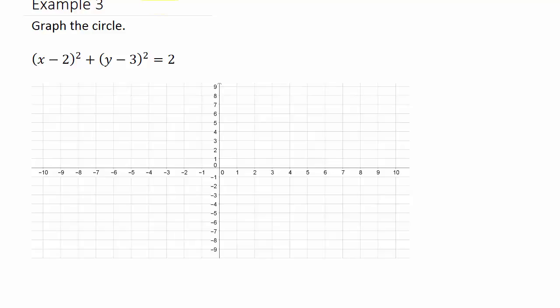Alright, so once again, let's find the center. So the center is (2, 3), and the radius is the square root of 2. So plot the center, (2, 3). And now the radius is the square root of 2.